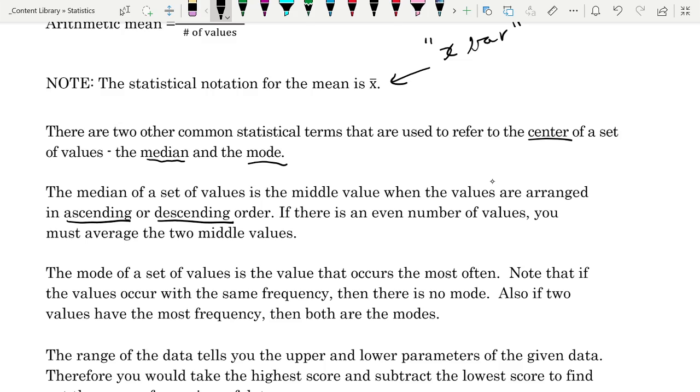If there's an even number of values, you must average, oh, there's the A word, that means add them up and divide by 2, the two middle values. Finally, there's the mode. The mode of a set of values is the value that occurs the most often. Note that if the values occur with the same frequency, then there is no mode. Also, if two values have the most frequency, then they're both modes.